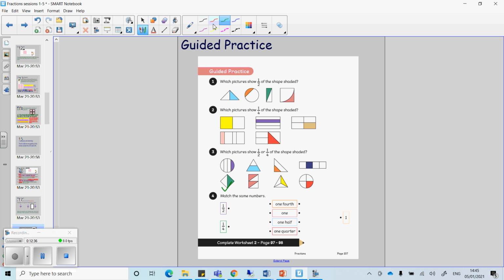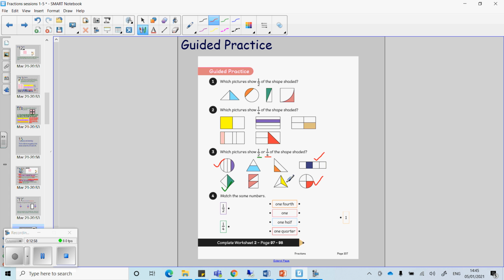This shows a quarter. Let's colour those in. See, red and green. Okay, this shows a quarter. This is not equal. This is not equal. This shows 1/4. This shows 1/4.